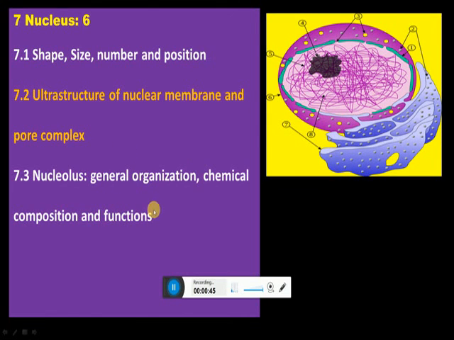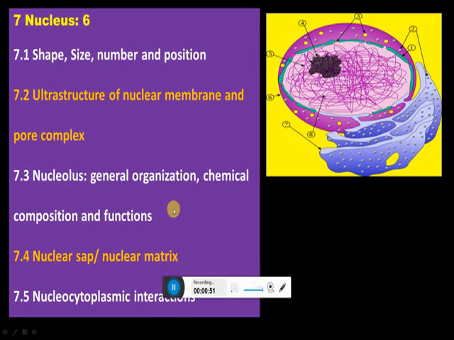Then third point we are going to see the nucleolus, general organization of nucleolus, chemical composition of nucleolus and functions of nucleolus. Then fourth point is the nuclear matrix or nuclear sap, that is nucleoplasm. Then fifth point, that is the nucleocytoplasmic interactions.